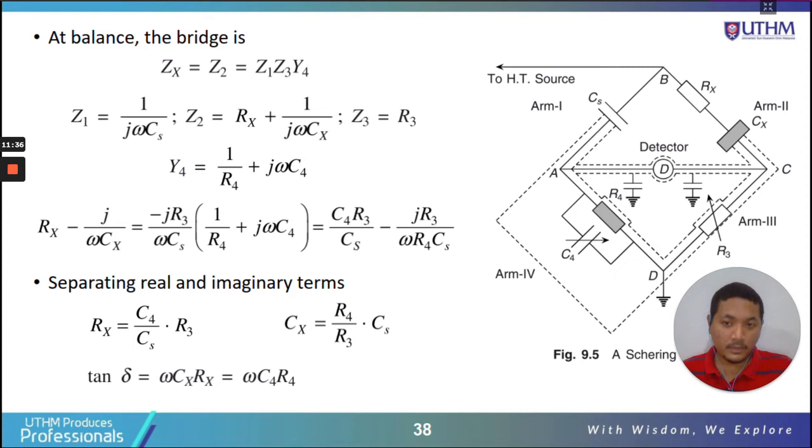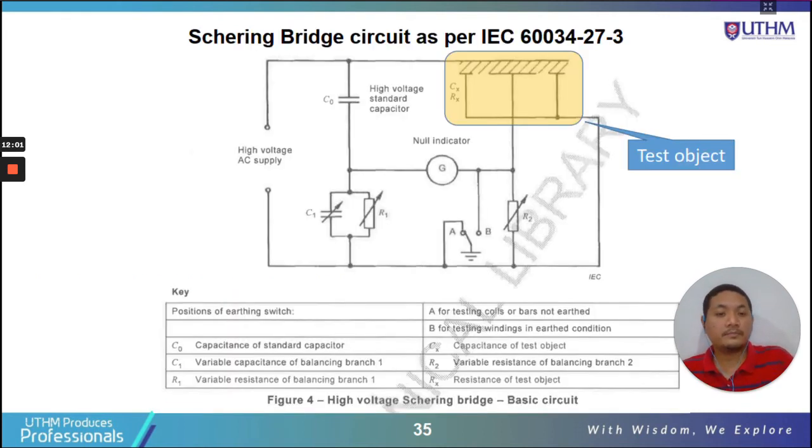From the imaginary terms, the components which is Cx here, j over omega Cx, Cx is equal to R4 over R3 times Cs. So Rx is this value, Cs is this value.